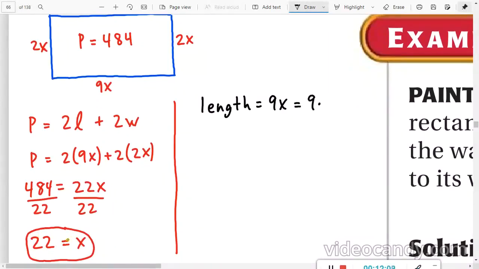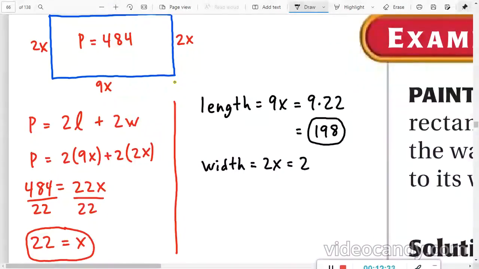So that's just 9 times 22, and that equals 198. And the width is 2x. So that's going to be 2 times 22, which is just 44.